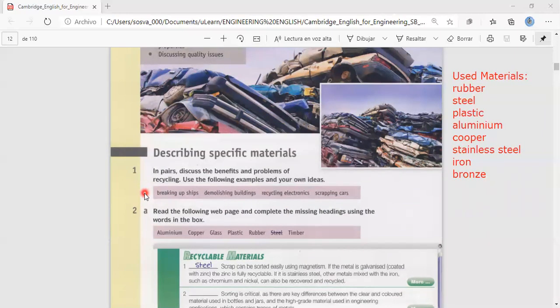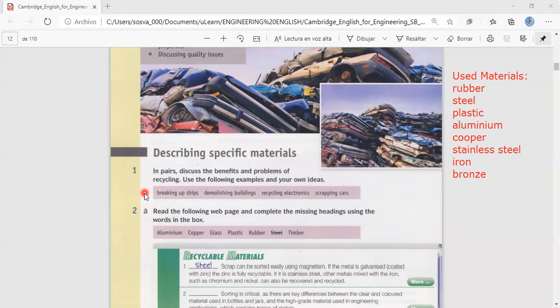So that's what I want you to think about now: breaking ships, demolishing buildings, recycling electronics, and scrapping cars. What are the benefits of these four ways of recycling? You can go one by one.